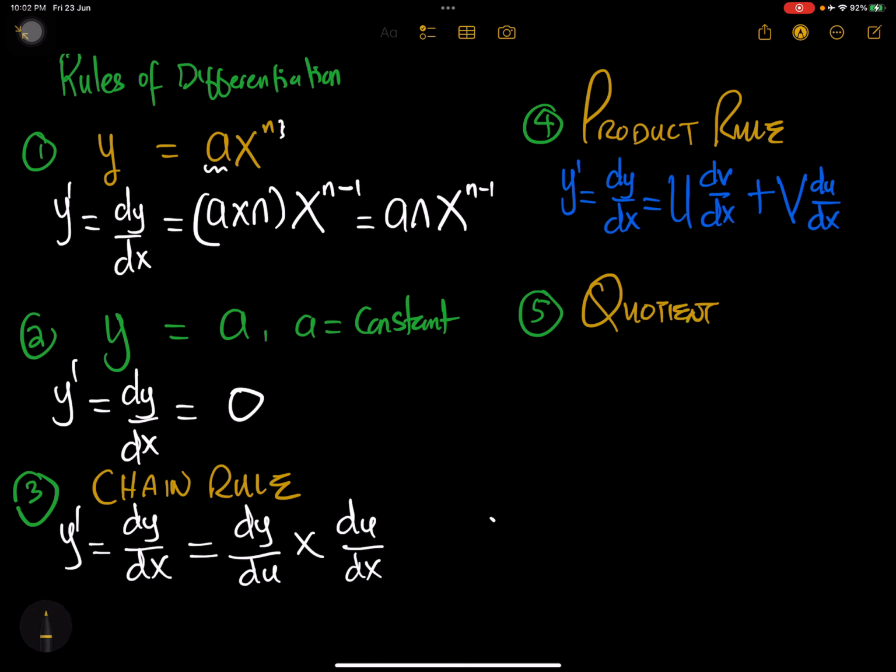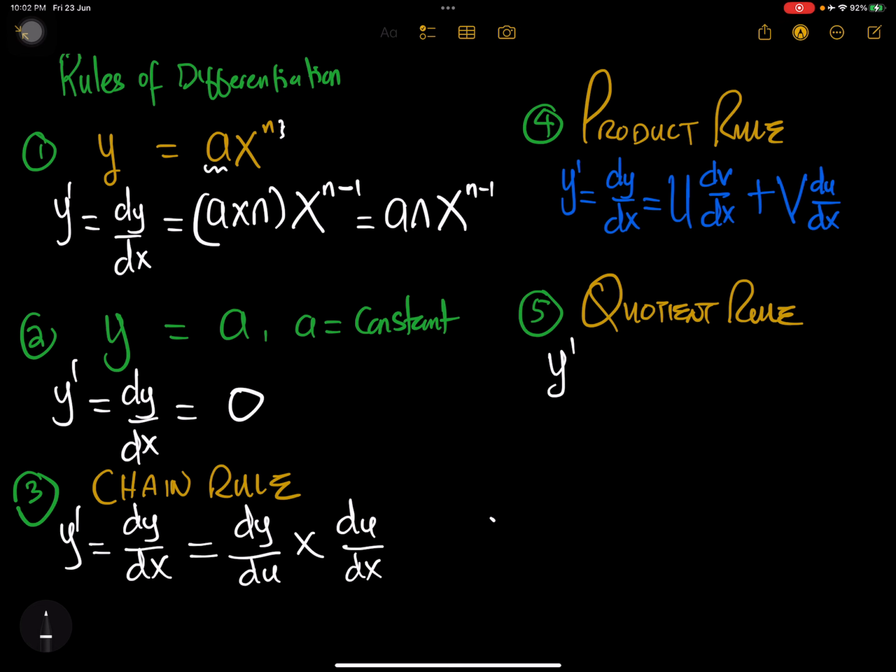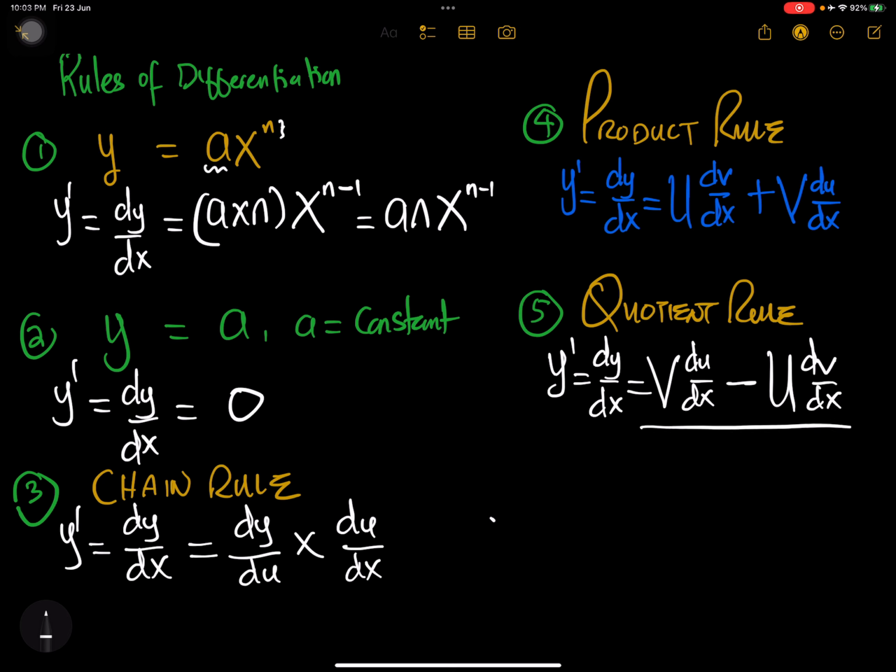With the quotient rule, y prime, which is dy over dx, equals v du over dx minus u dv over dx, all divided by v squared.